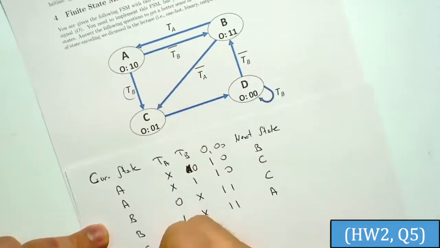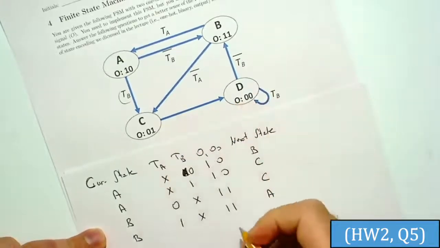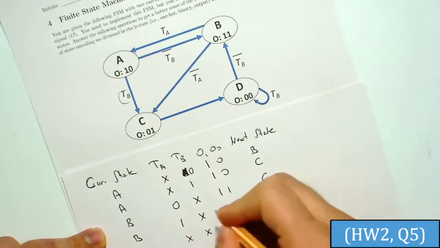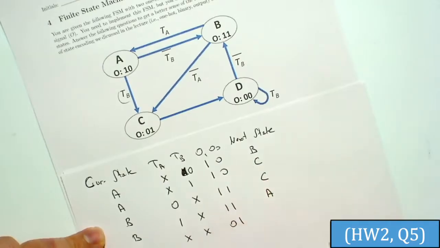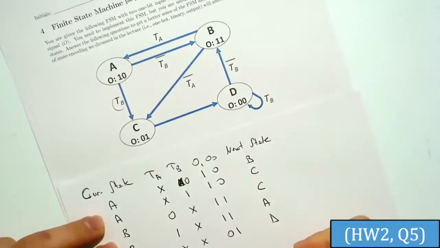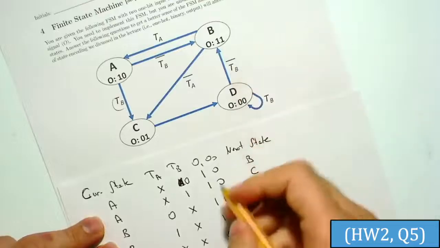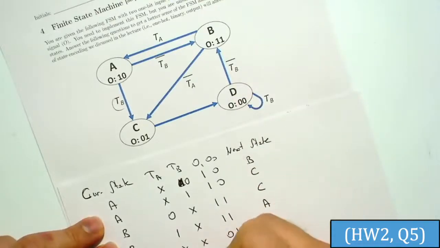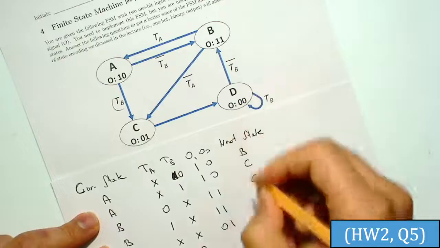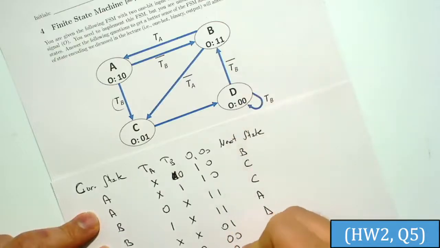For C, no matter what, I'll visit D, so the TAs and TBs are don't cares, the output will be 0, 1, and the next state will be D. For D, if I have 0 for TB and don't care for TA, then I'll visit B, and if I have 1 when I'm in D, then I'll visit D again, and the output will be 0, 0.